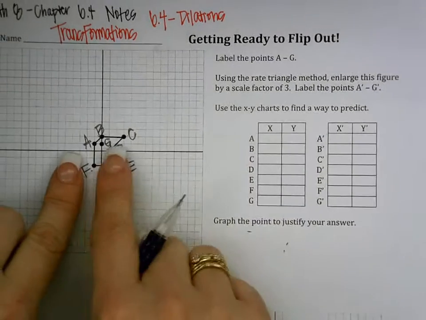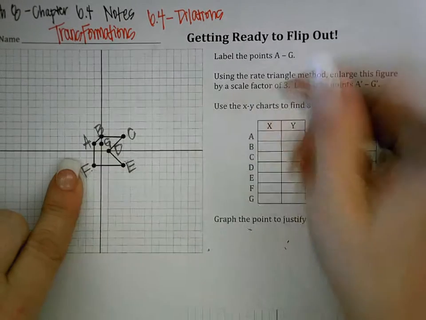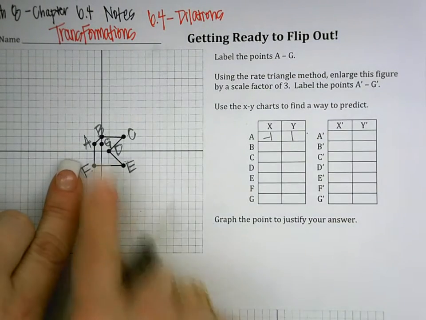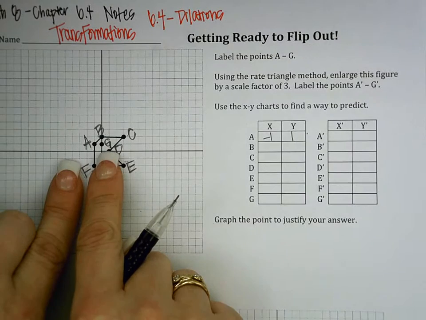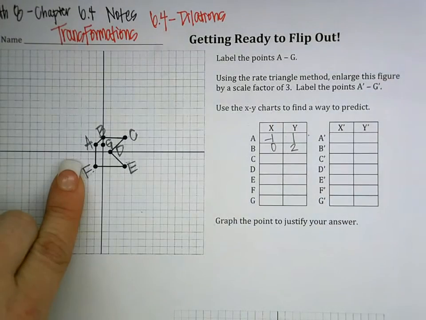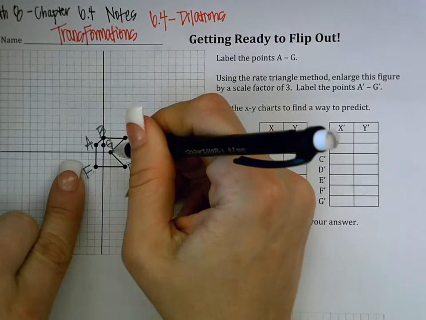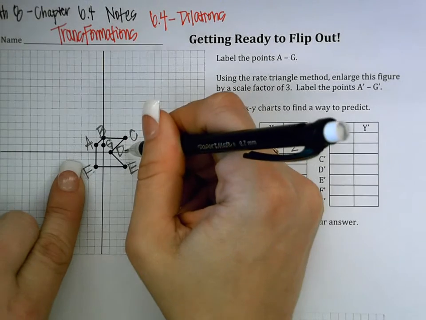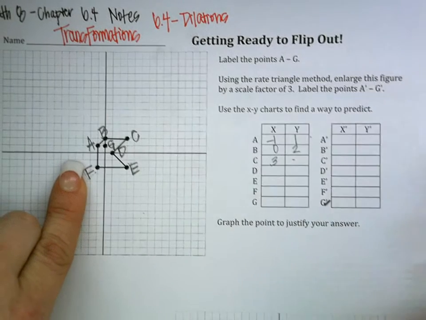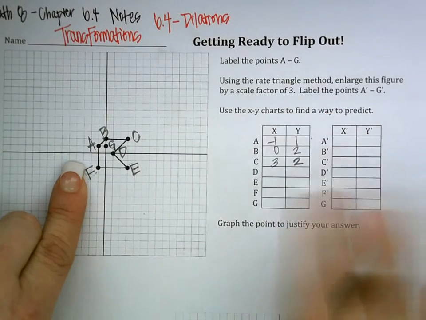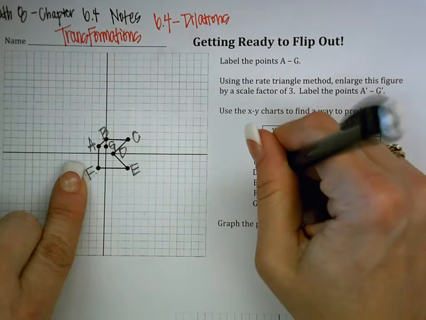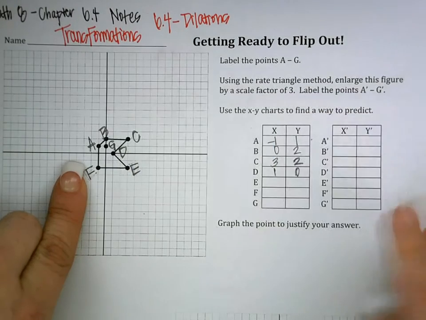A is at -1, up 1. So -1 for x, up 1 for y. B is over 0, up 2. So 0, 2. C is over 3, up 2, so 3, 2. D is over 3, up 0, so 3, 0.